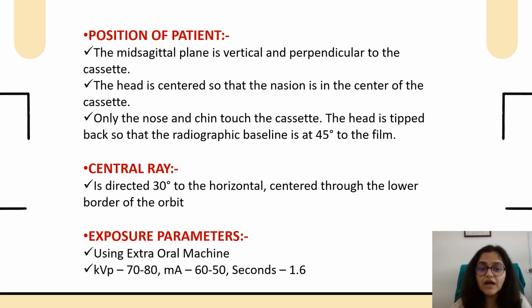The head is stepped back so that the radiographic baseline is at 45° to the film. The central ray is directed at 30° to the horizontal, centered through the lower border of the orbit, and these are the exposure parameters used in this projection.